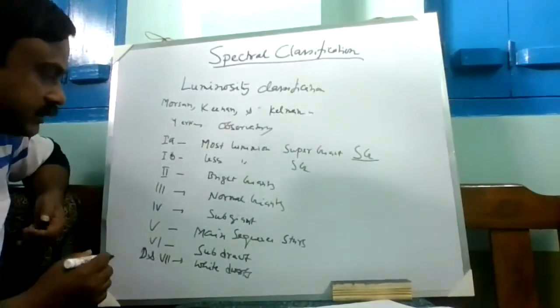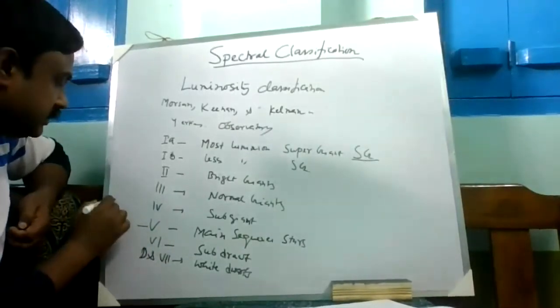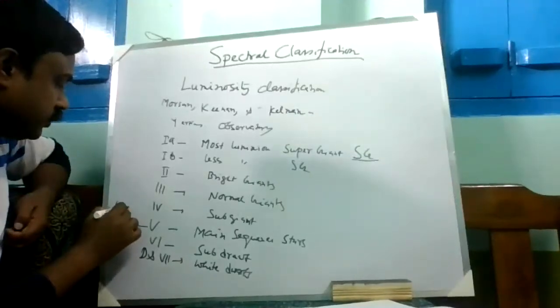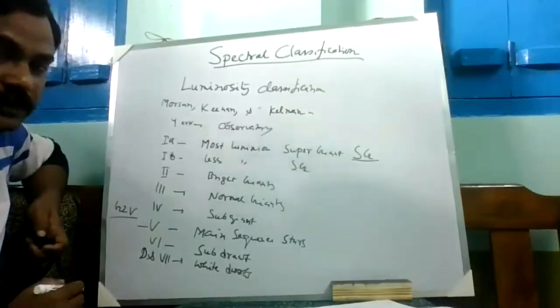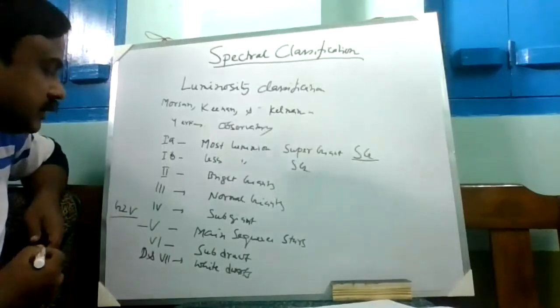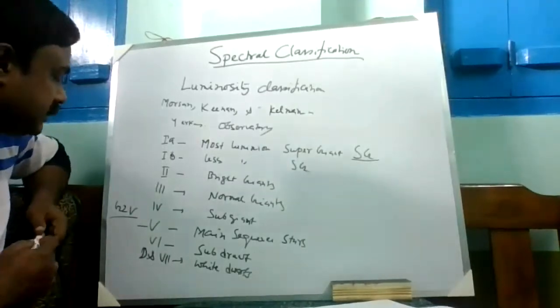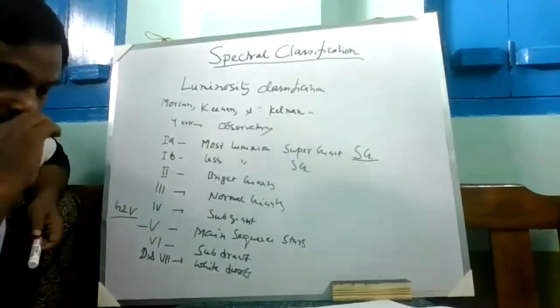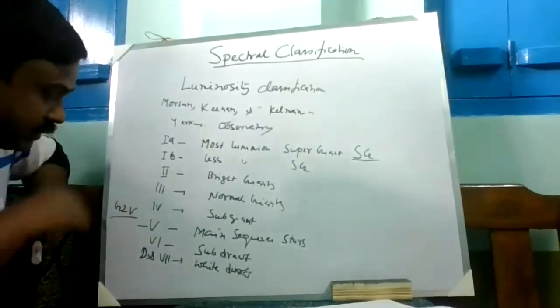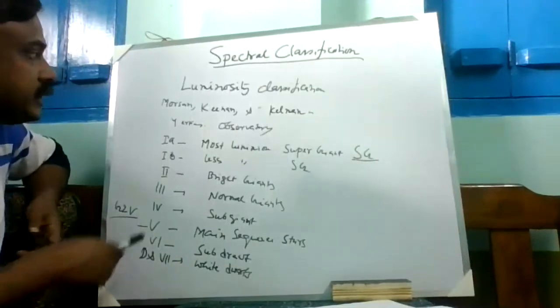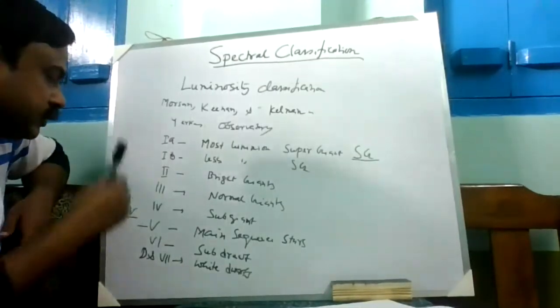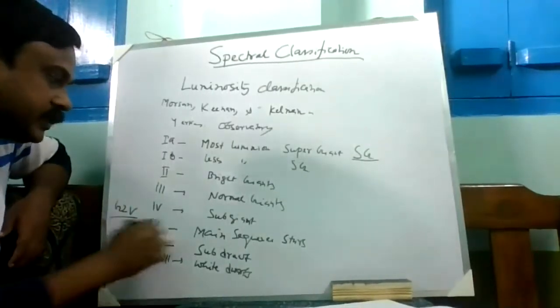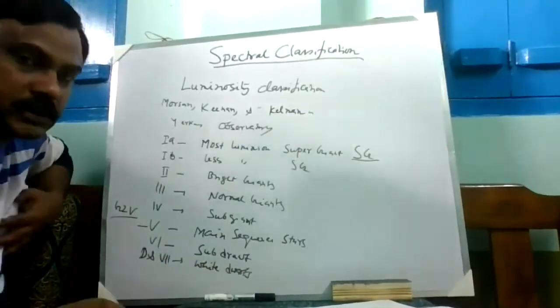For example, our sun is a G2V star. G2V means its spectral classification is G2. G0 is the hottest, then G1, then G2, and its luminosity classification is V. That means it is a main sequence star.